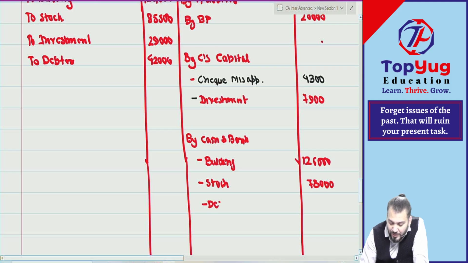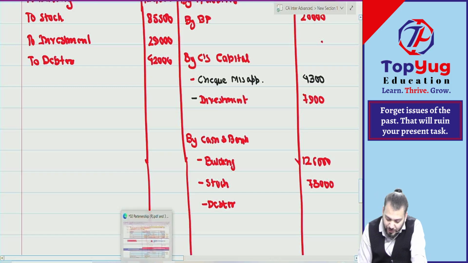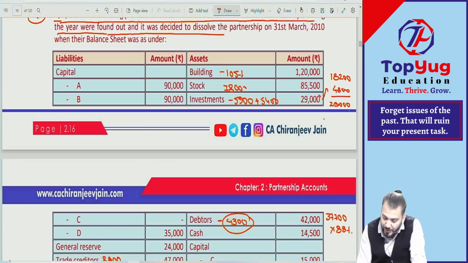Already we calculated some amount. Debtor how much? Can you give me? How much did we calculate? Can I say it will be 37,700 ka 88%? It is 37,700 ka 88%. Already we have done. 42,000. How much misappropriated? 4,300.